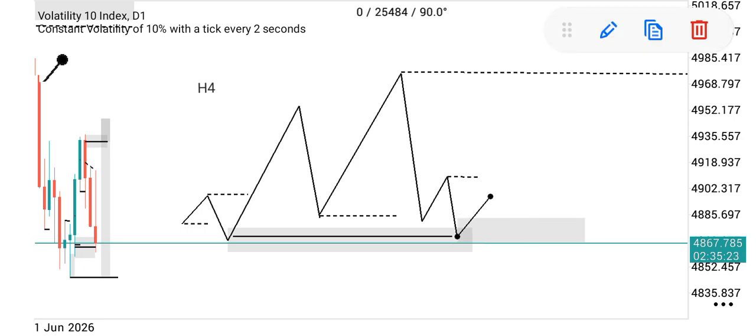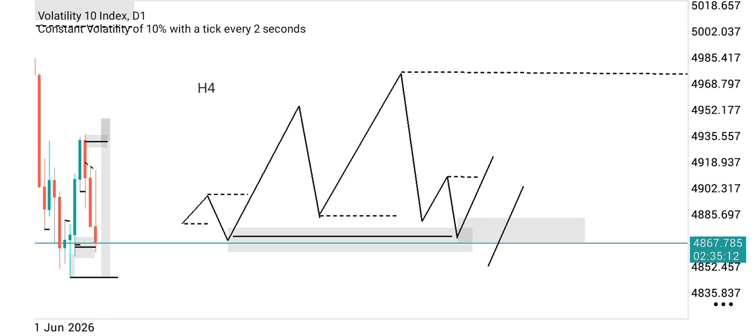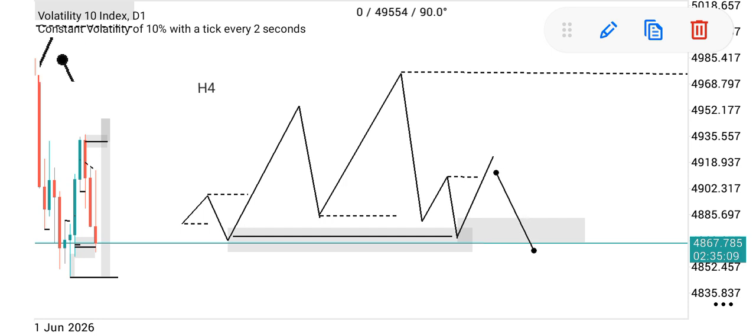So let's say we get our inducements, our double inducement.